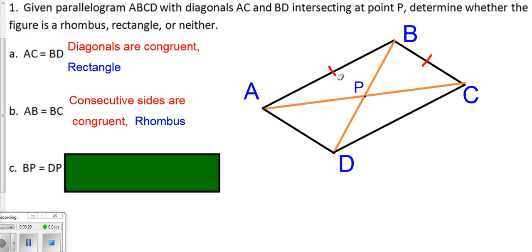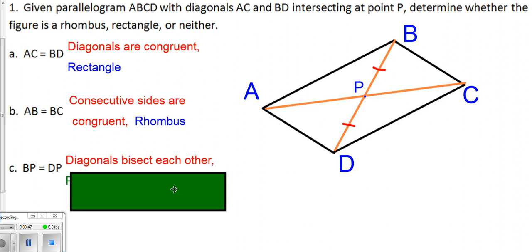And last example here. If BP, so just this little half, is the same as DP, just this little half, what does that tell us? Well, again, we need to think, what information did they just tell us? They told us that BD was bisected, that P is the midpoint of BD.